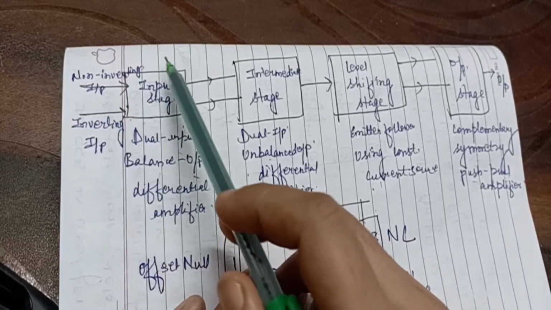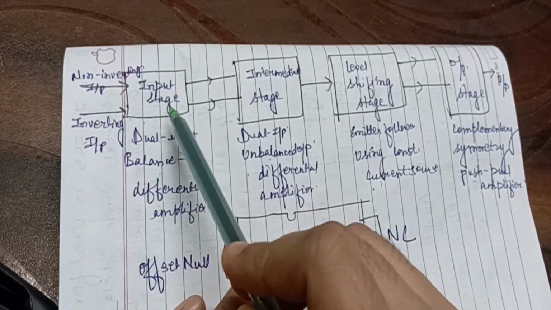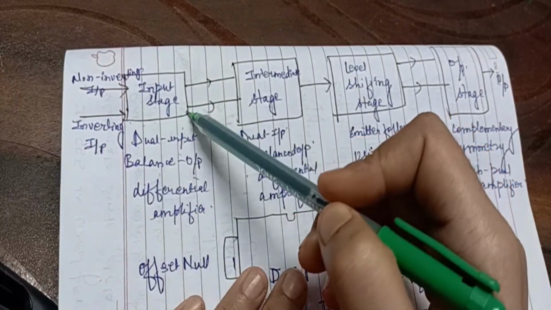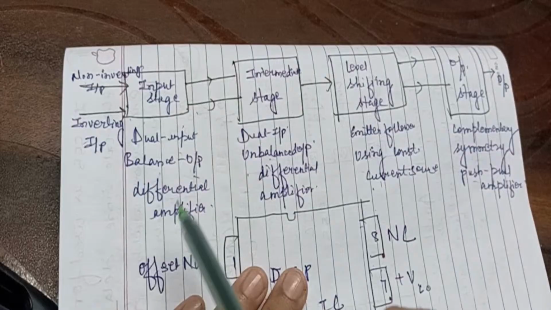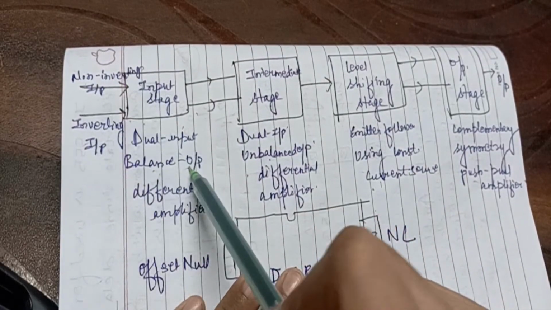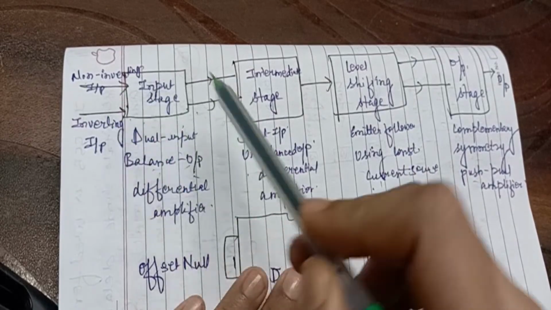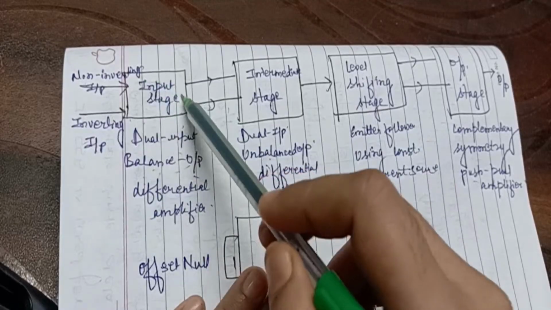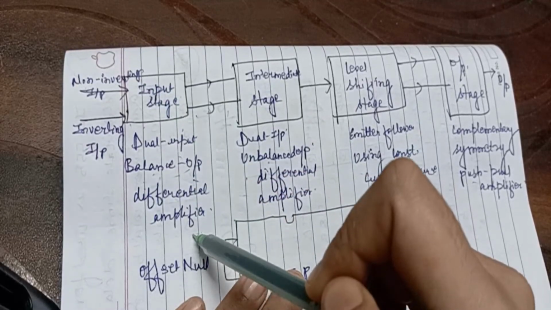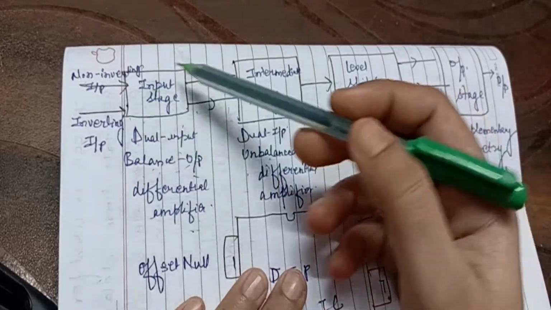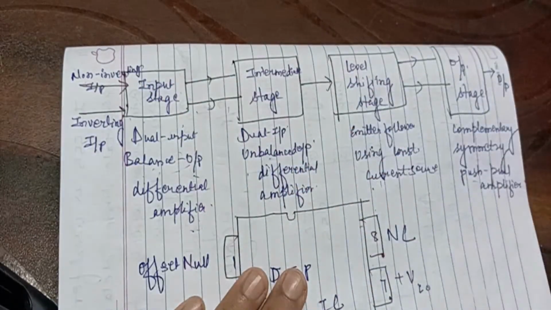These two are fed into the input stage, which has a differential amplifier with dual inputs and balanced output. It takes the difference of the two inputs and then amplifies it.